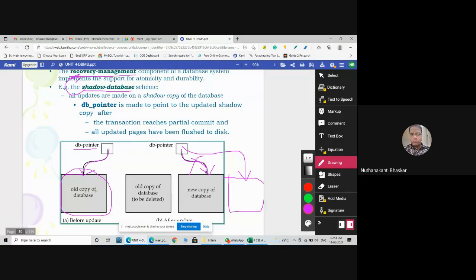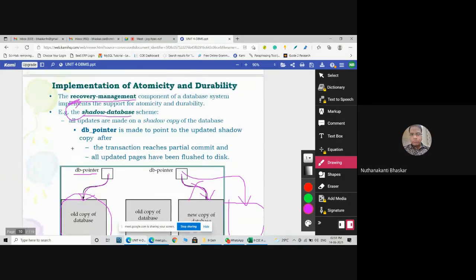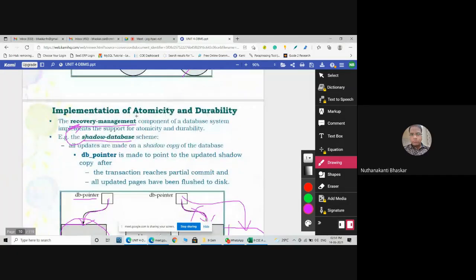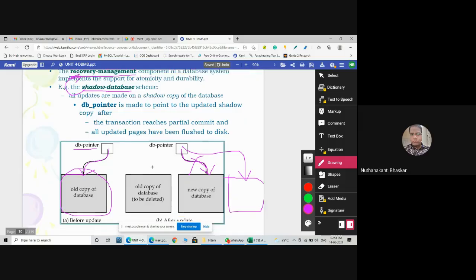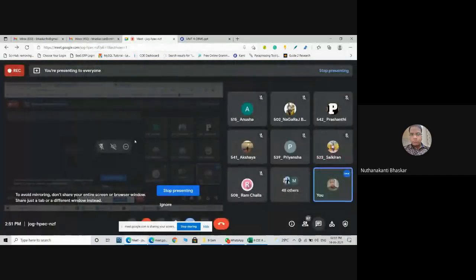How will the recovery manager work? I am telling a basic recovery management system, this shadow database, as an example, and how to get atomicity and durability with it. Atomicity is that if any failure happens, the transaction either completes or is rolled back. Durability is that the data value must be the same before and after the transaction. All of you clear about the shadow database?